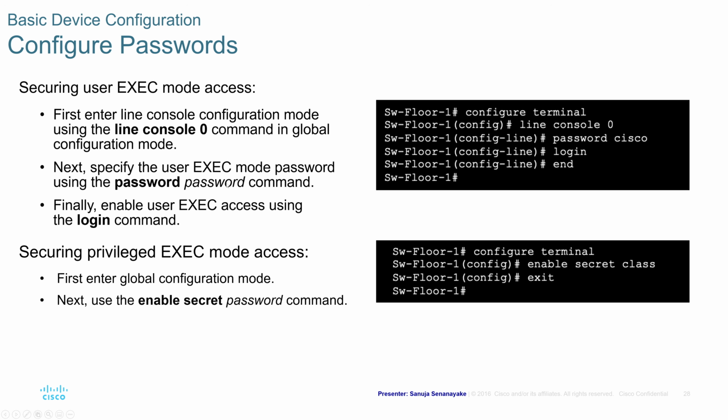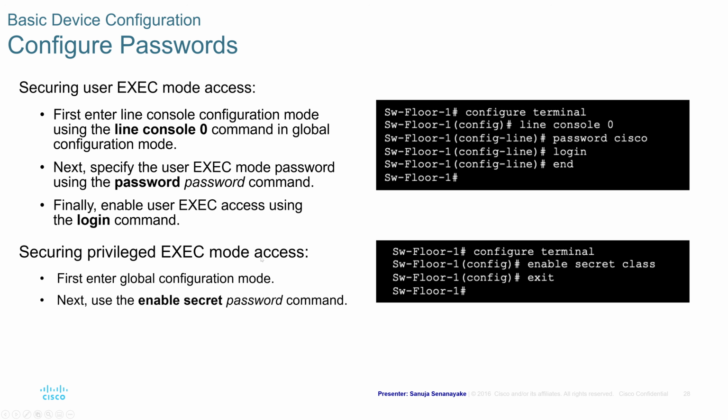For example, on the right hand side, you see this guy went into configuration terminal, line console 0, and then password, and then he entered the password he would like to have. In this case, the password is going to be Cisco. Then you enter login and end. Make sure you enter the command login, so that it will actually enable that password on the system. And now you will have Cisco as the password for the console.